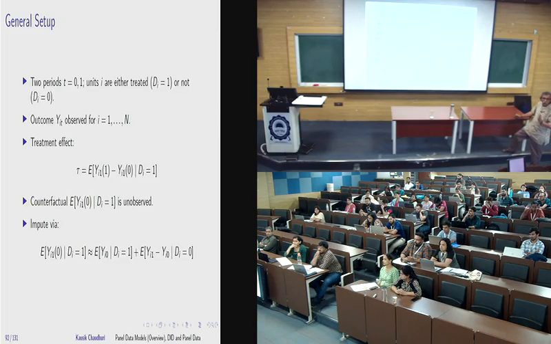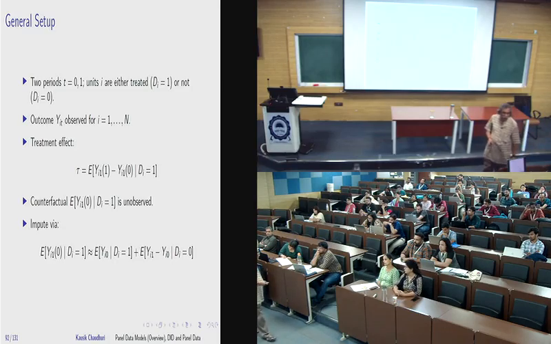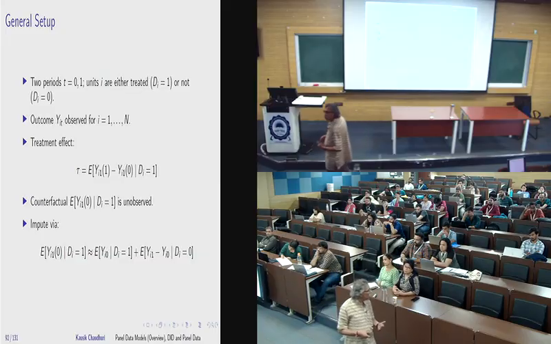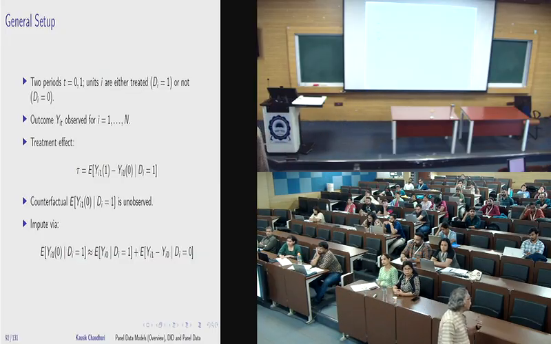which I can decompose into two parts. The first part is the initial state of Y_i0, but D still takes the value of 1. The next part is the difference between the expected outcomes Y_i1 and Y_i0, but under the assumption that there is no treatment, which is D_i equal to 0. Recall D_i equal to 0 is no treatment, D_i equal to 1 is the treatment.